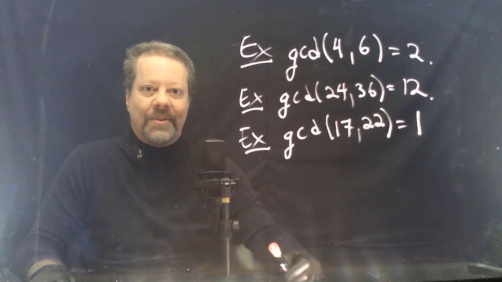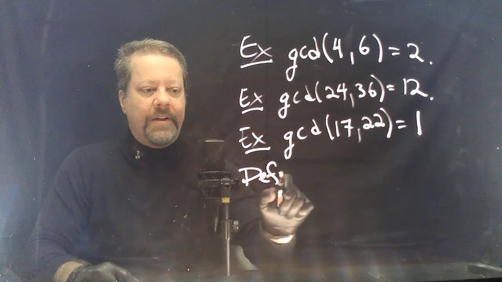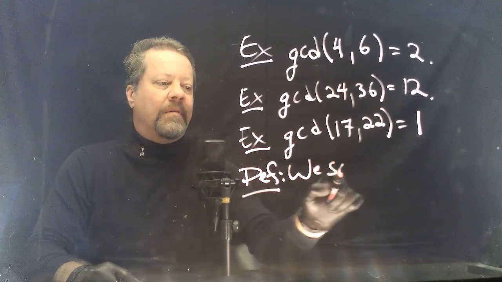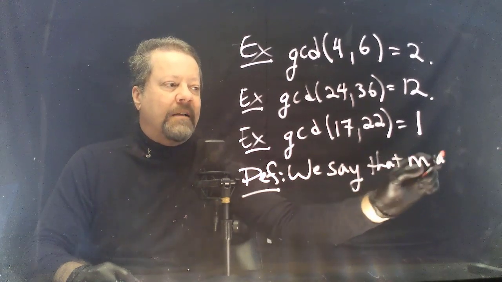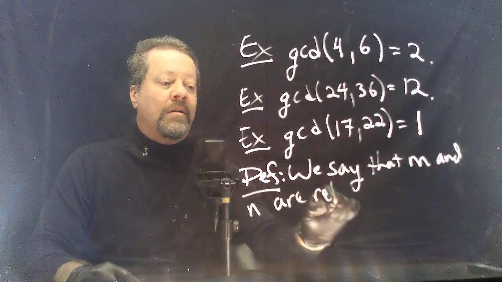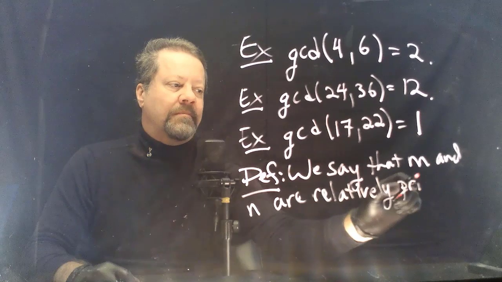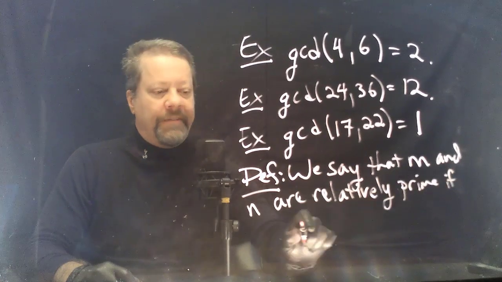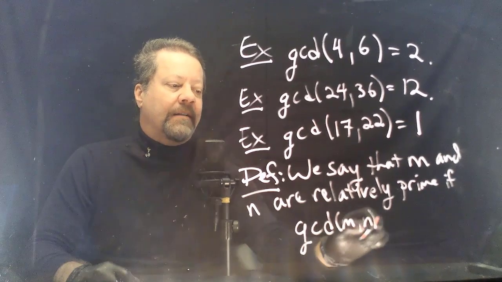So the answer is 1. This gives us a chance to define a new concept. We say that m and n are relatively prime if the greatest common divisor of m and n is 1.